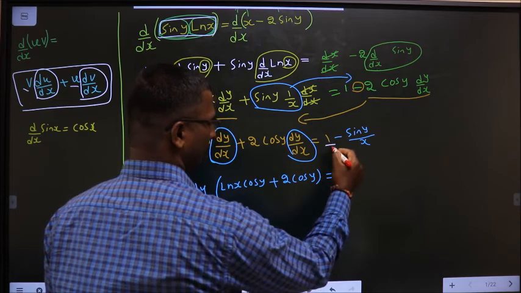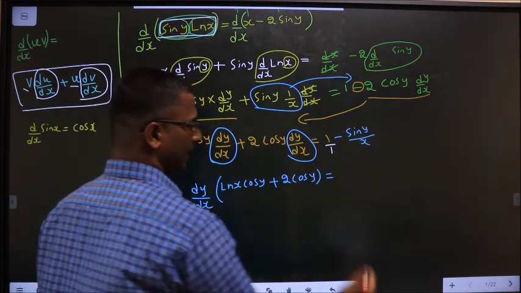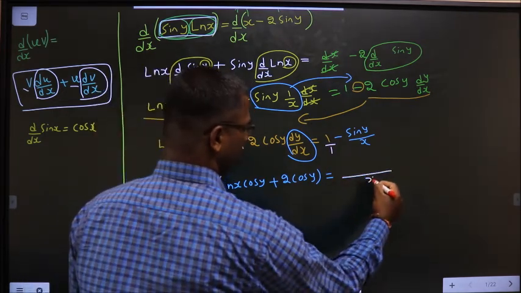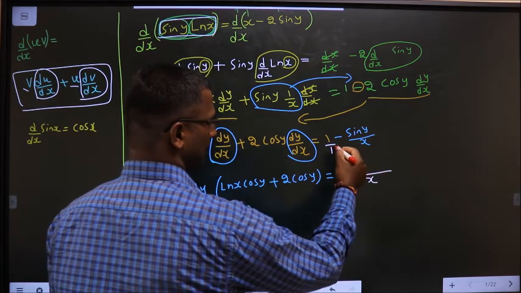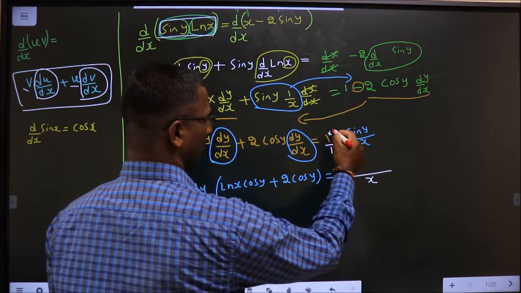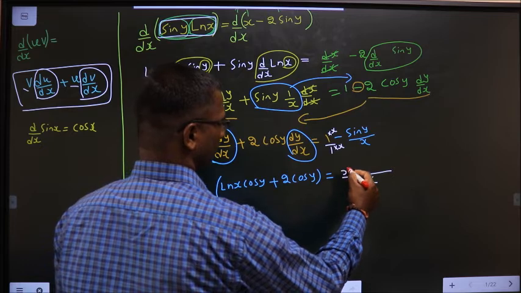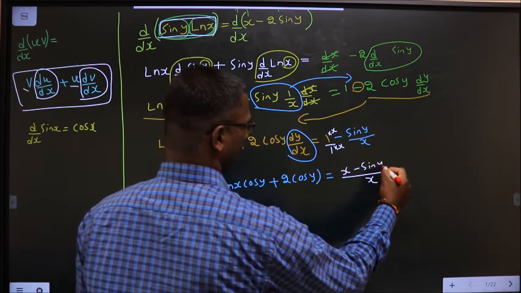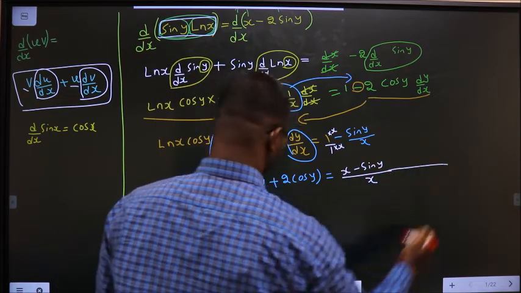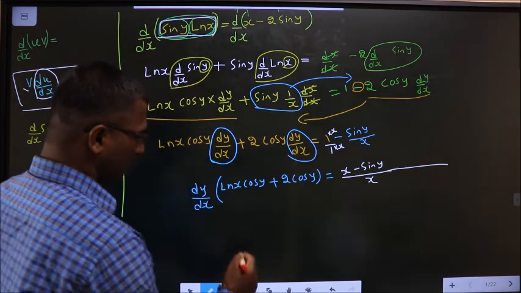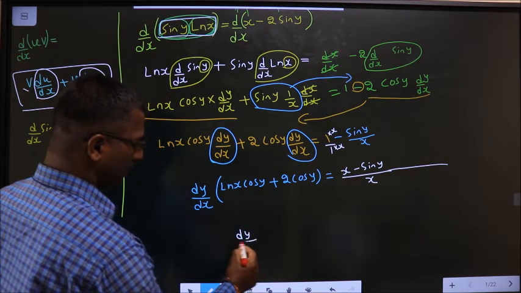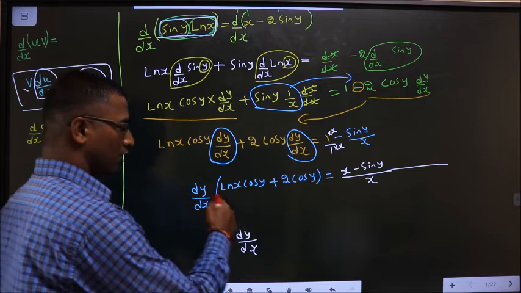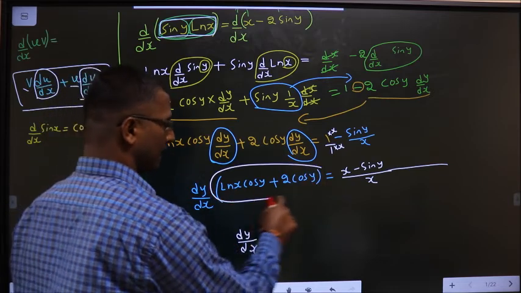Now here if I take LCM, what do I get? LCM will be x. 1 should become x, so multiply denominator and numerator with x. So you get x minus sin y. Clear? Now, to get dy by dx, you should get rid of this bracket.